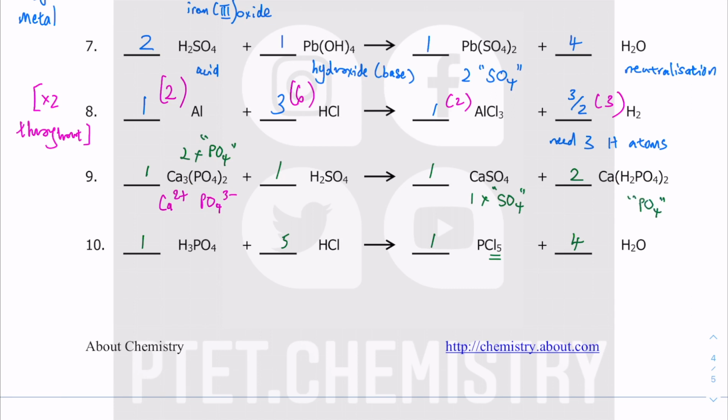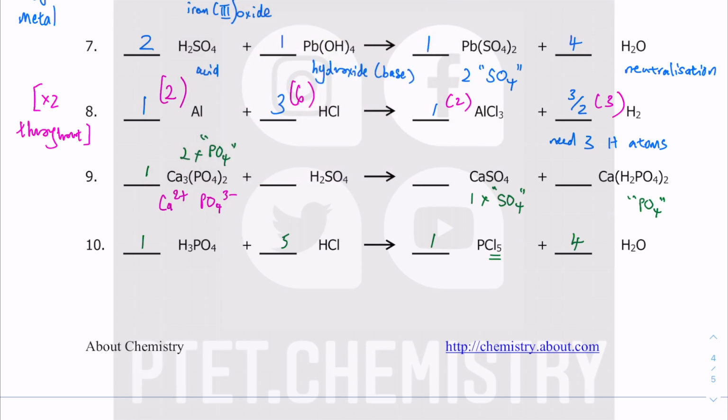You have 2 of them, then 2 times 2 is 4 of them, whereas you only have 2 of them. So there are 2 phosphate here, so it must follow. If I have 1 of these here, I must have 1 of these there. Means I started out the wrong way.